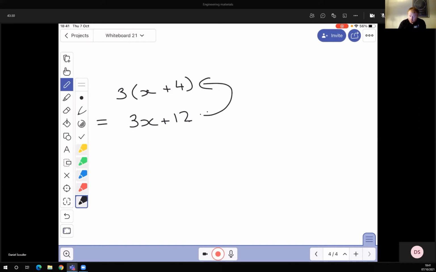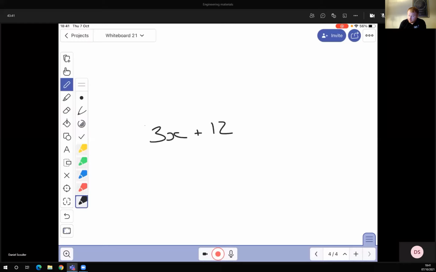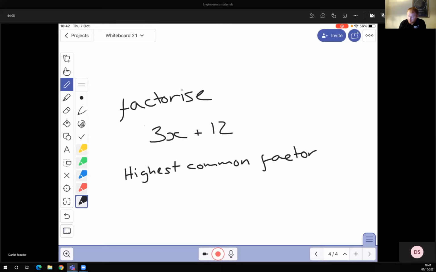So if we've just been given 3x plus 12, and the question is factorise 3x plus 12, what we're looking for is the highest common factor between this number and this number.